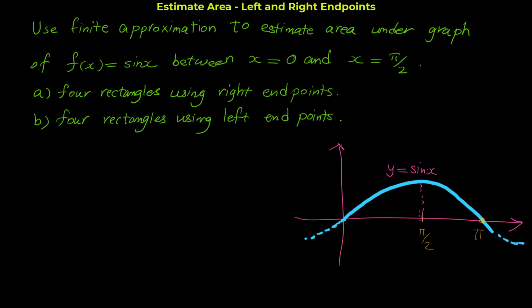So basically we want to estimate this area here. So we want to divide 0 to pi over 2 into 4 sub-rectangles. So we have to choose 3 points in this interval with the same distance. And then we have to make our rectangles.